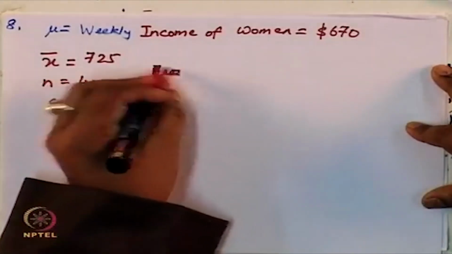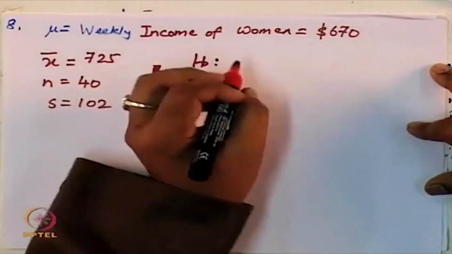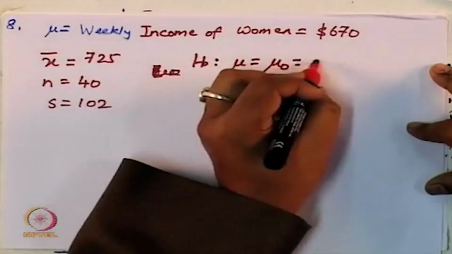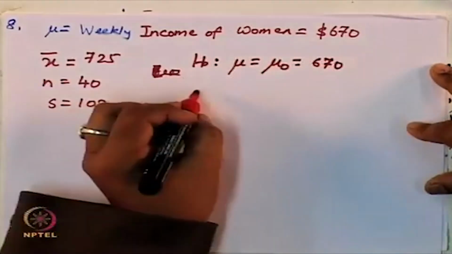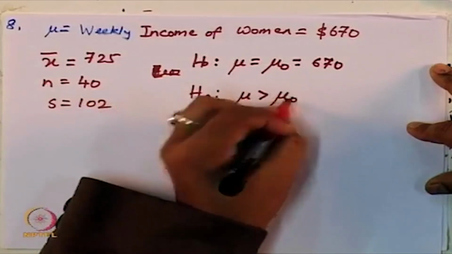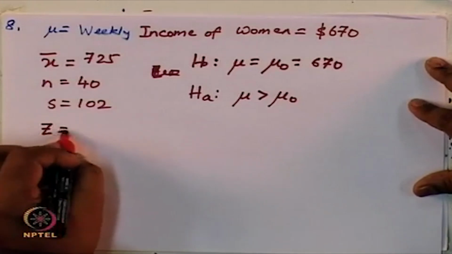Before doing that, let us write the null hypothesis. The null hypothesis is mu equal to mu naught equal to 670 and HA is mu greater than mu naught. Everything is based on the test statistic.